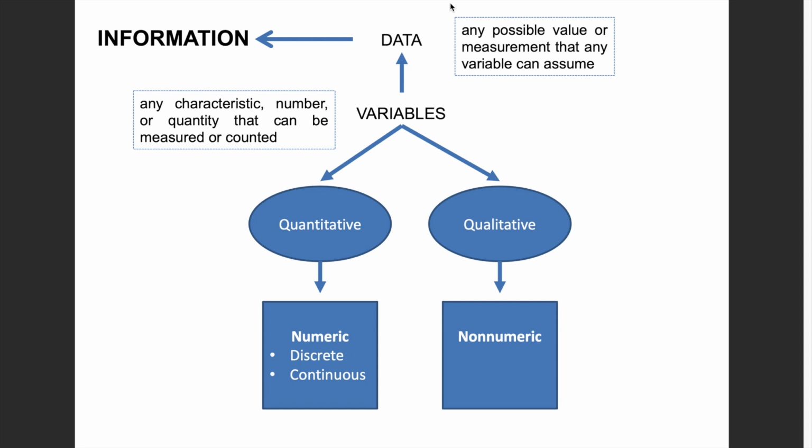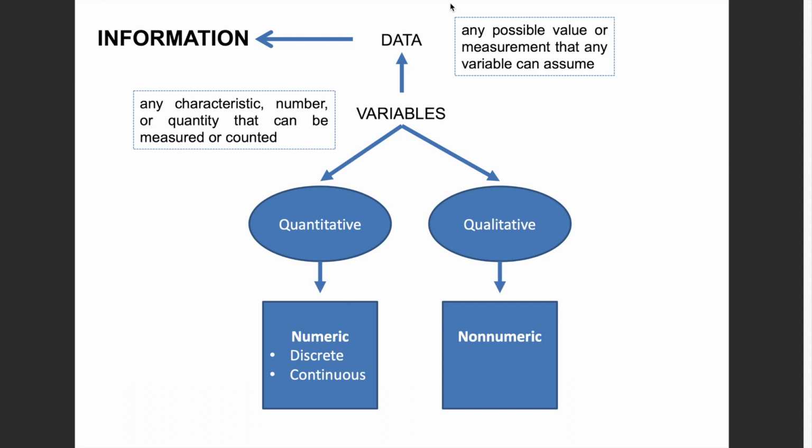So usually in statistics, we have variables, or any characters, numbers, or quantities that can be measured or counted. In these variables, we have two kinds: quantitative and qualitative. The quantitative usually is in the form of numeric, and the qualitative are non-numeric, of course.